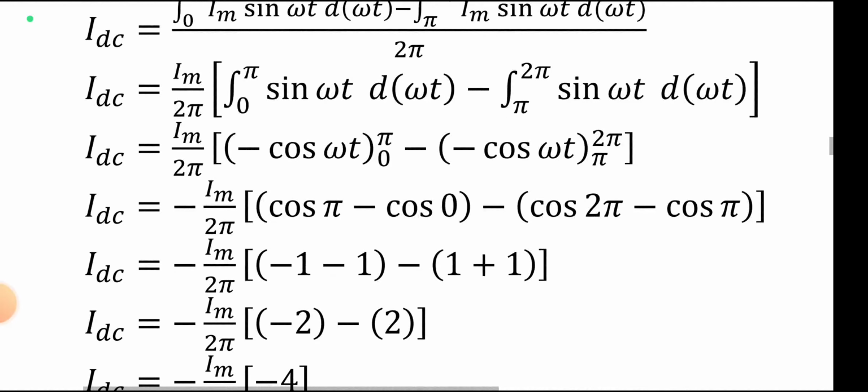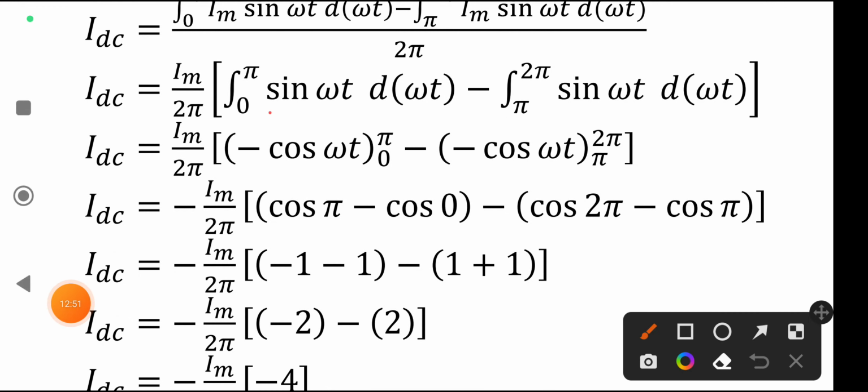Now simply, the integration of sin omega t is minus cos, from 0 to pi here, and pi to 2 pi here. Take this minus outside, only this minus, not the minus in the middle, so that is written as it is.